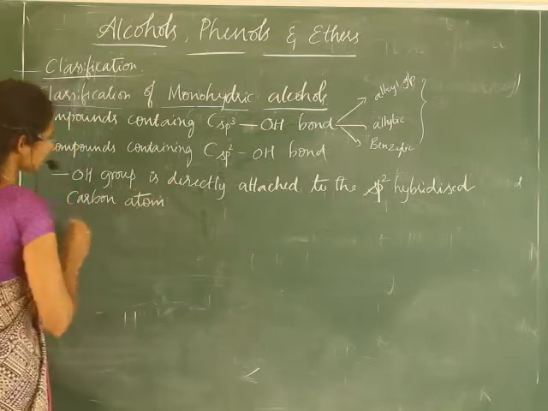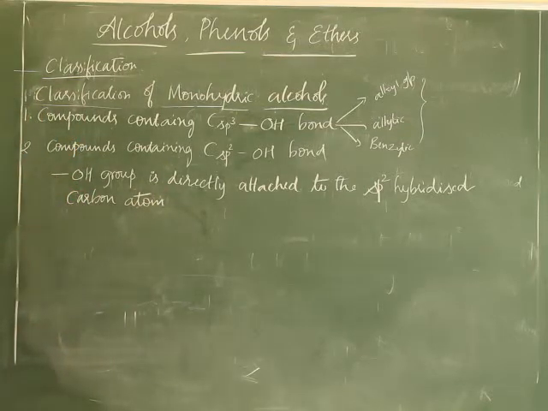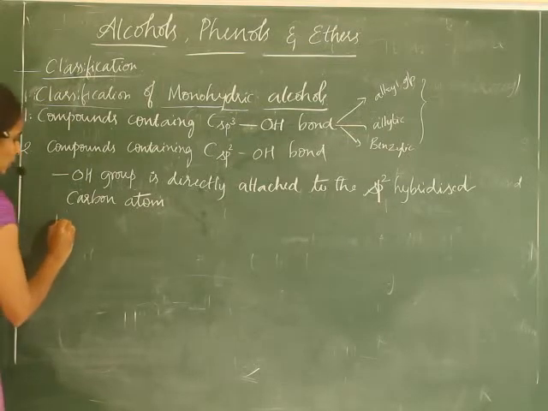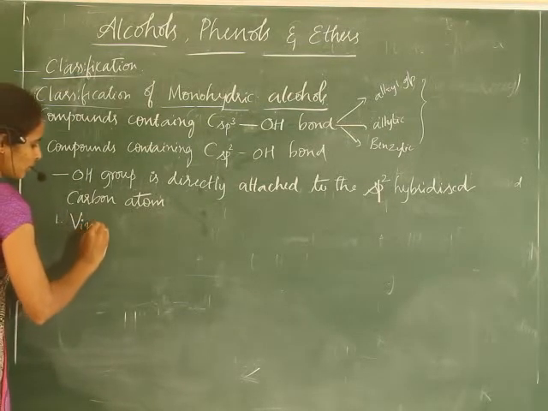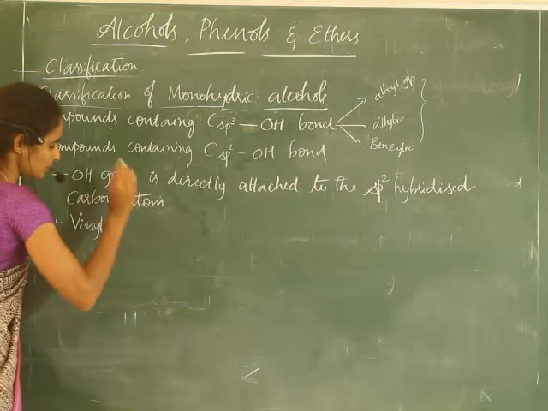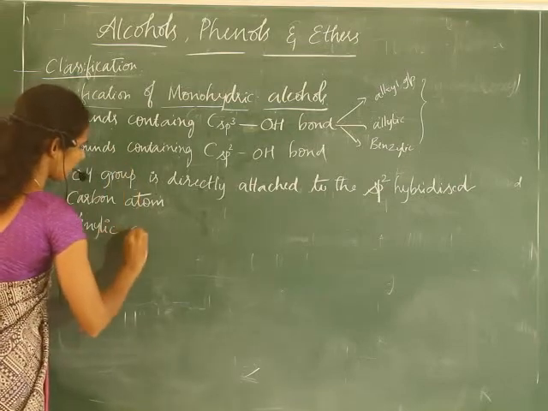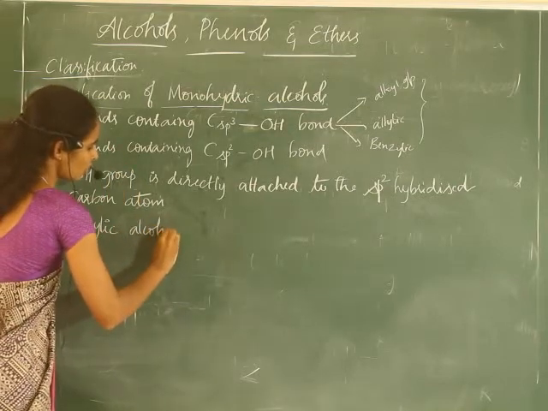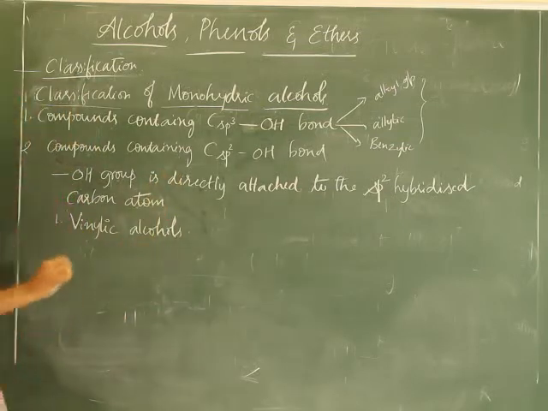Here we can see two types of alcohols. One is vinylic alcohol. We already studied this kind in a previous lesson. Vinylic alcohols. What are vinylic alcohols?